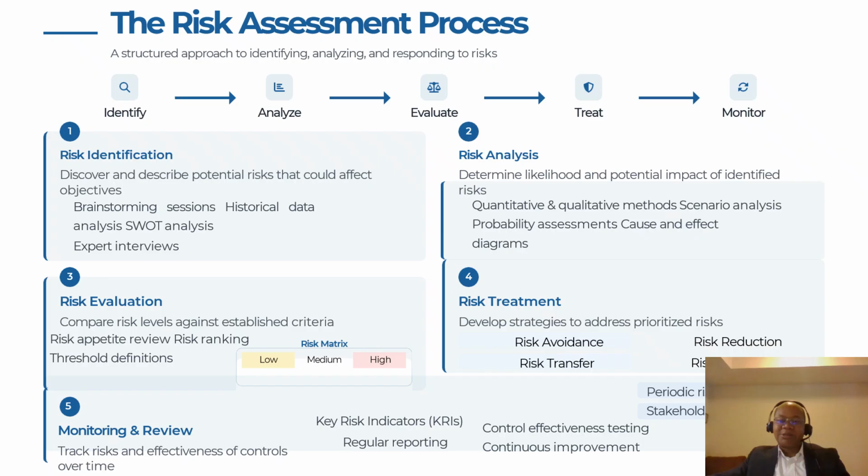Risk treatment. See risk treatment as, just like an individual having gone to the hospital for a doctor's visit. Doctors may request sampling of your blood or urine for analysis. And at the end of the day, based off the result of those analyses, solutions are proffered, which might involve maybe some drugs to be taken and all of those.